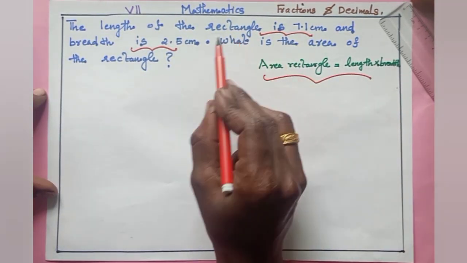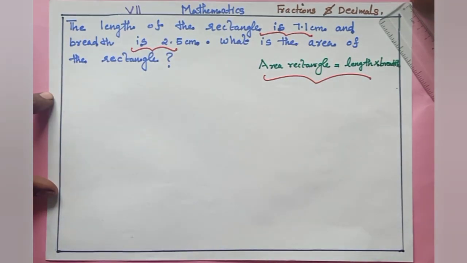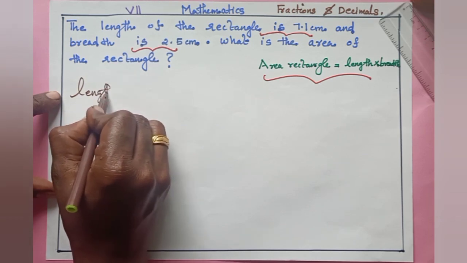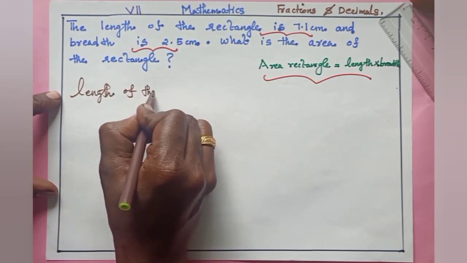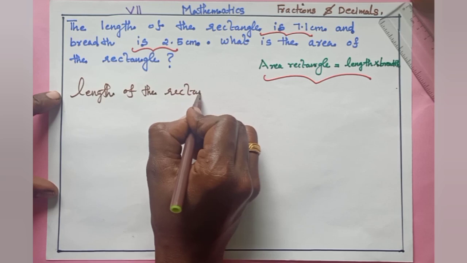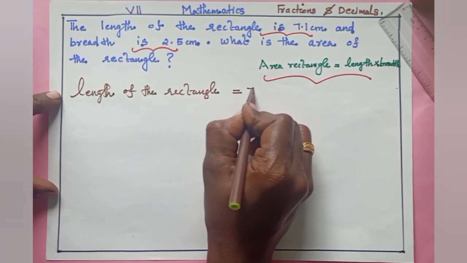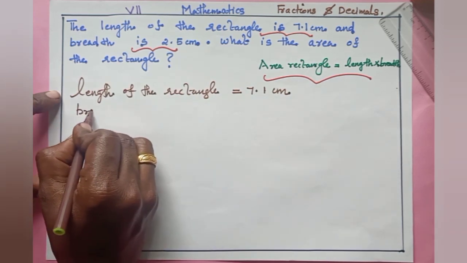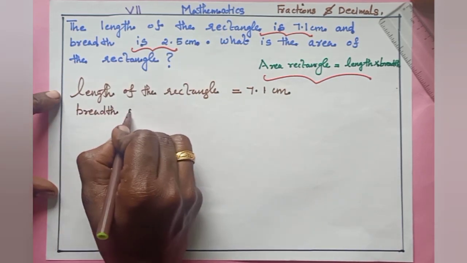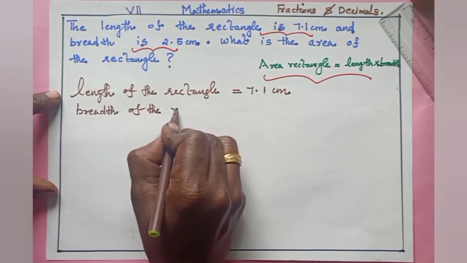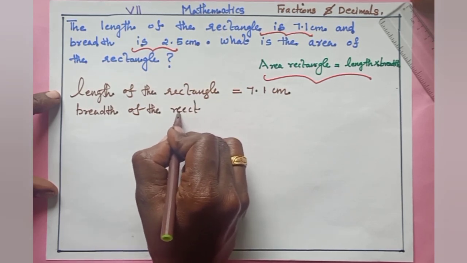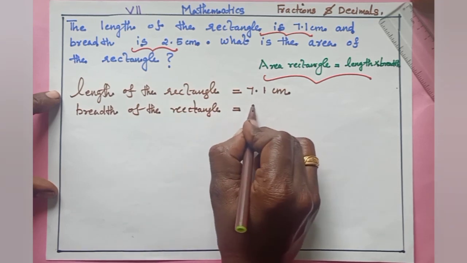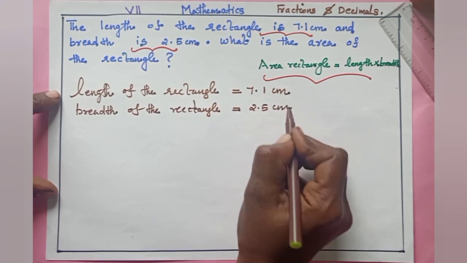So we want the length and breadth. So write the first step. Length of the rectangle equals 7.1 centimeter. And given, breadth of the rectangle equals 2.5 centimeter.